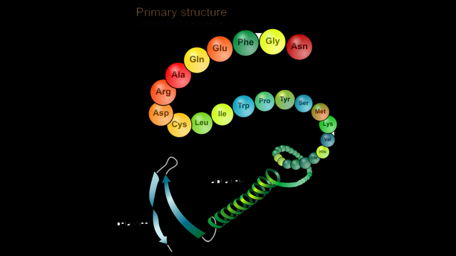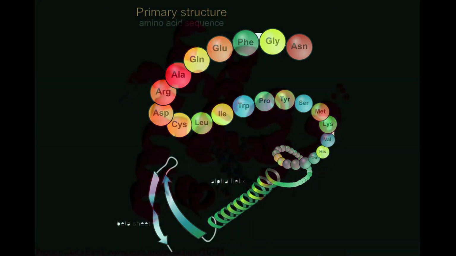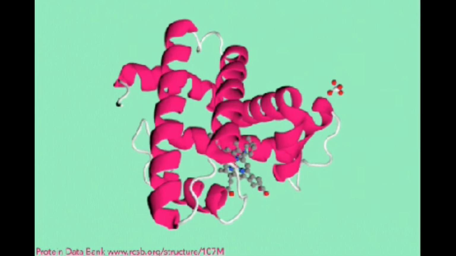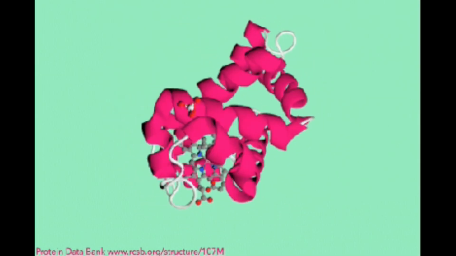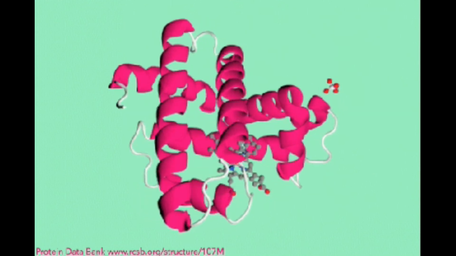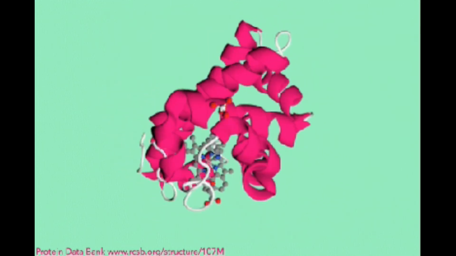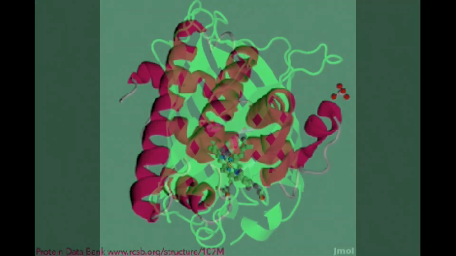As you can see here, this is the primary structure of a protein, a simple chain of amino acids, and this is the helical structure. The pink color shows the helical structure that joins with turns, either alpha or beta turns, in white color.